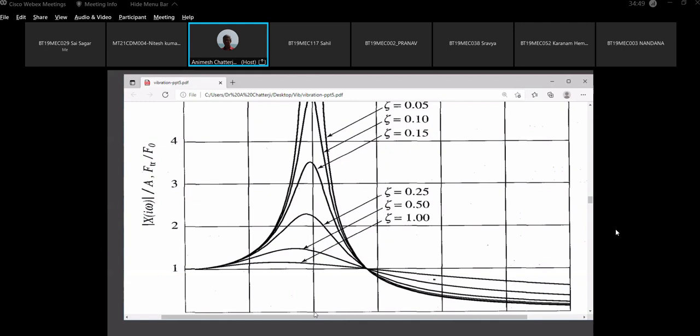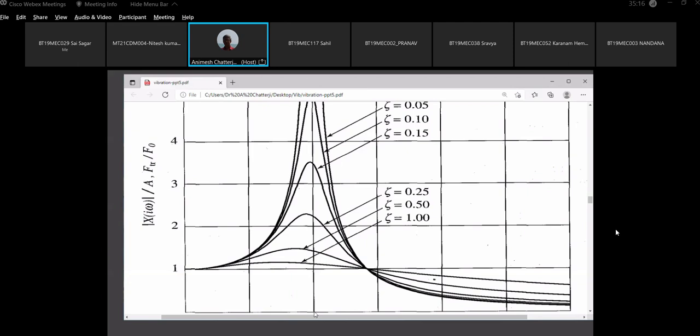So if K decreases, DAF also decreases. Now this is very interesting. As frequency ratio increases, dynamic amplification factor decreases, but F0 by K increases and the product increases. So machine vibration increases. Transmissibility is improving, but machine vibration increases.